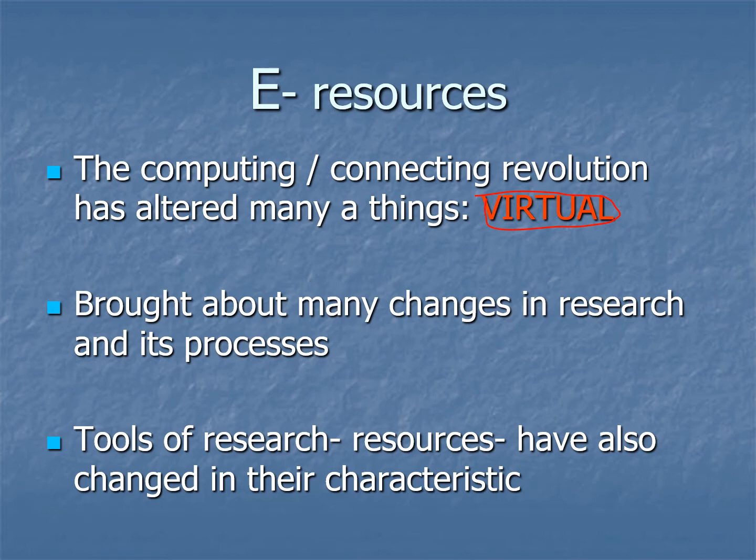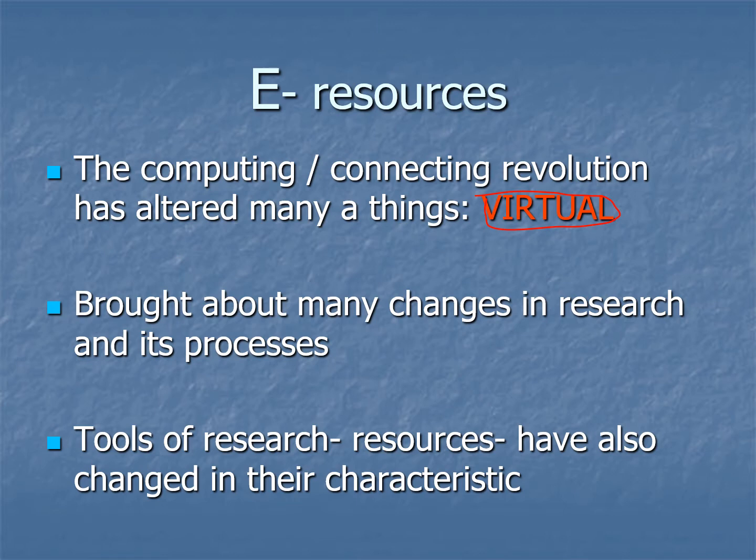Now, resources we have seen. How are then e-resources? How are they different? We have to understand one thing. The computing and the connecting revolution has altered our world. Things have gone virtual.